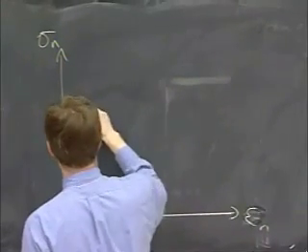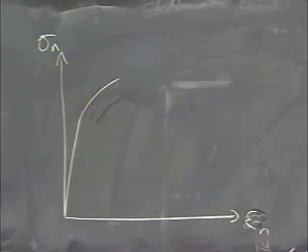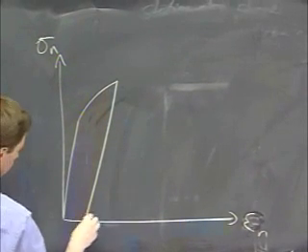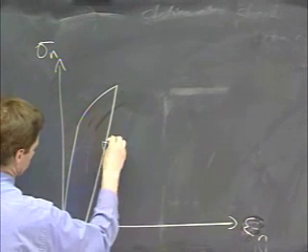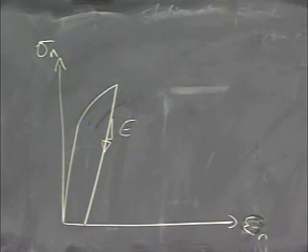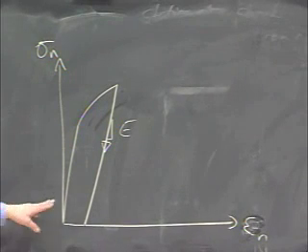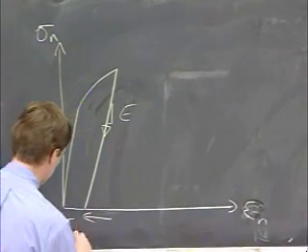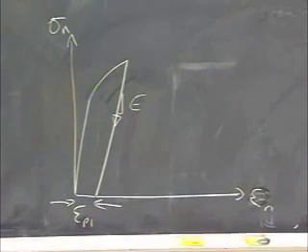We go up past yield to some strain, some stress, and we unload. We unload with the Young's modulus that we started with, and we get some plastic permanent strain resulting.